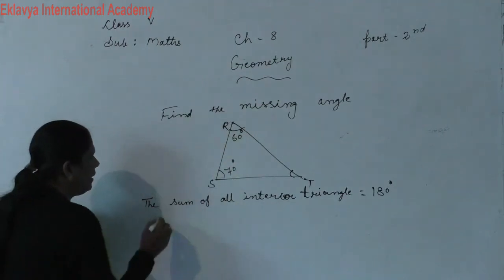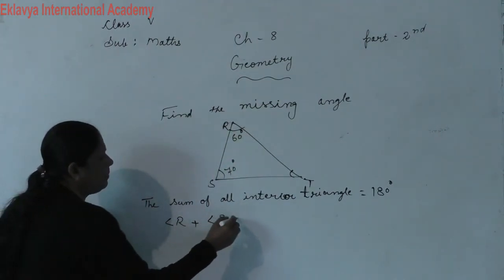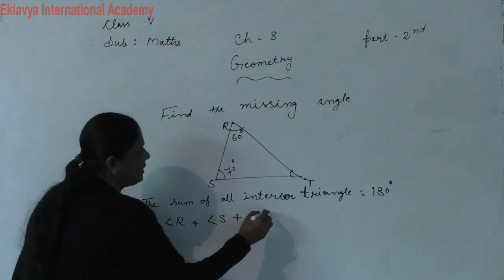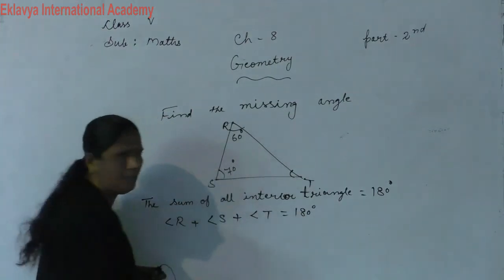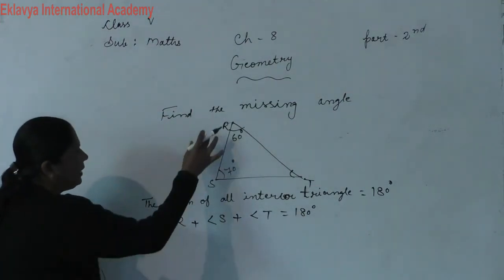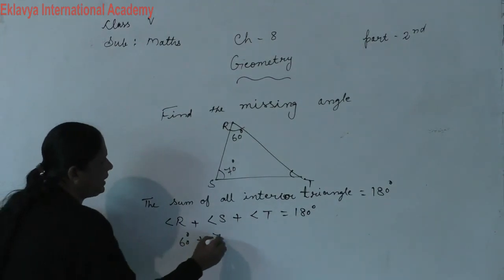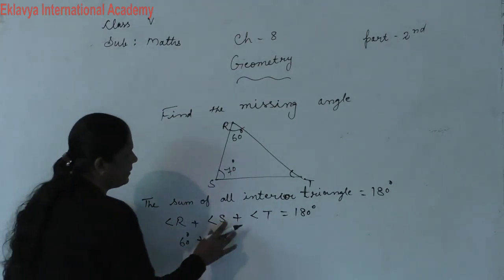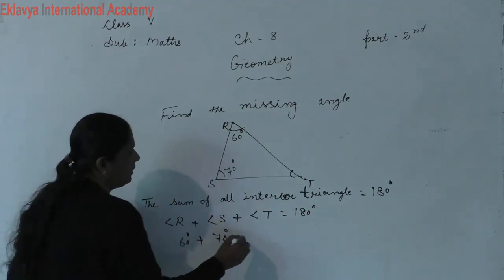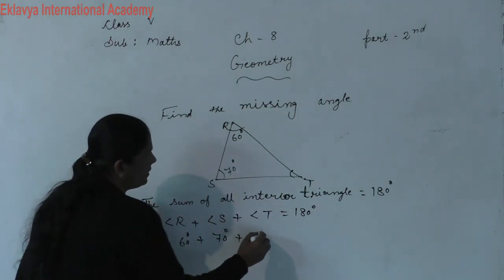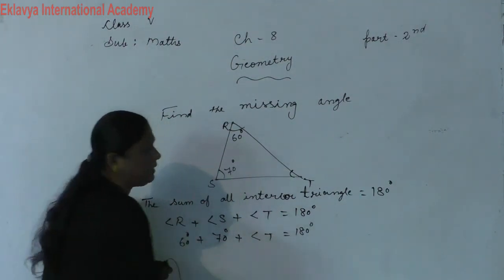Then angle R plus angle S plus angle T is equal to 180 degrees. Then angle R 60 degrees plus 70 degrees plus angle T is equal to 180 degrees.